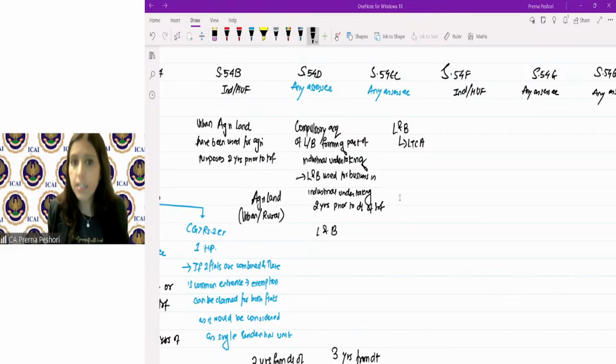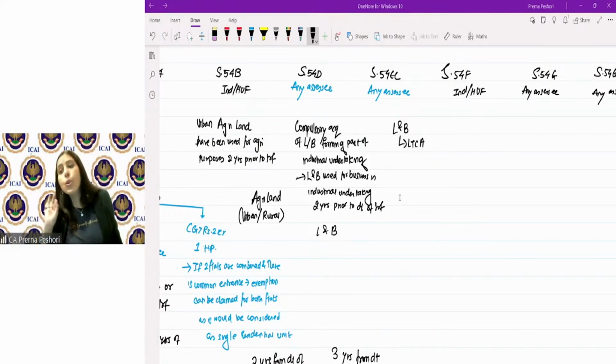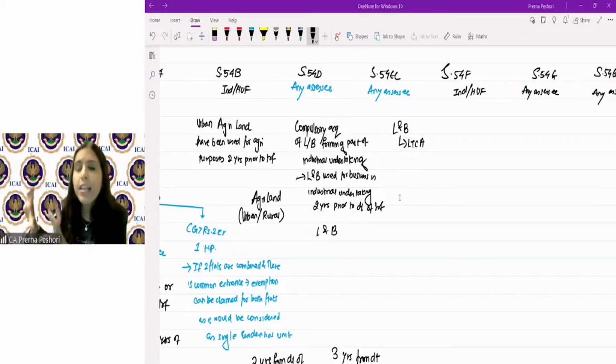So for that purpose, understand one thing very carefully. 54EC is not saying that the gain has to be long-term. What 54EC is saying is that the capital asset should be a long-term capital asset. And if you remember the first class, I told you there is a difference between a long-term capital gain and a long-term capital asset. Long-term capital gain means the capital gain arising on sale of a long-term capital asset. Section 50 says that the gain will be deemed to be short-term capital gain.